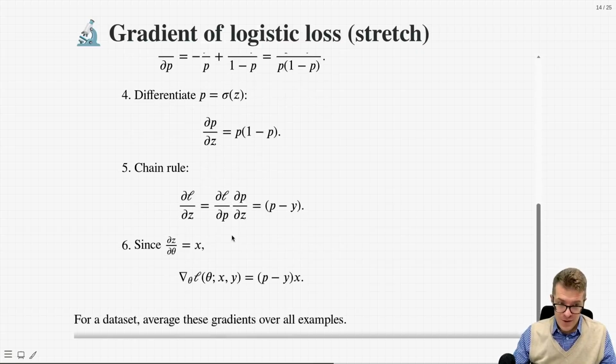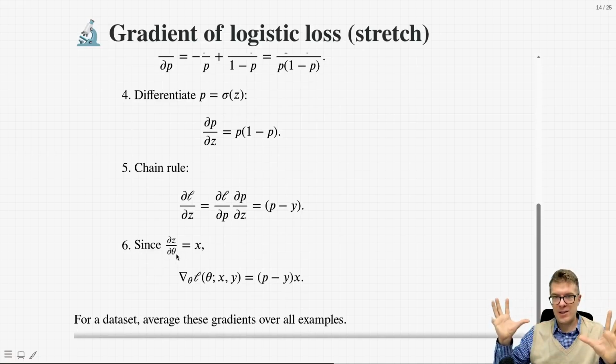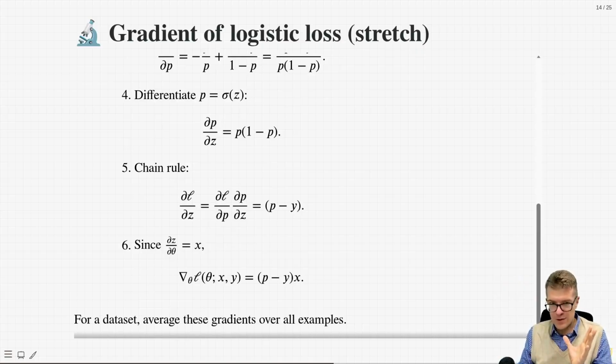I'm not quite finished though, right? Because at the end of all of this, I really want to do a differential with regards to theta so that I can be in that space where I have my empirical risk surface, and the variables that I can modify to move down the surface are just in terms of theta, because I want to change theta to get down to the minimum point in that surface.